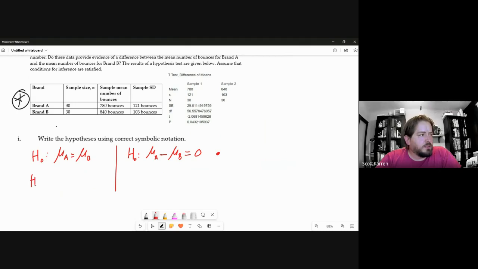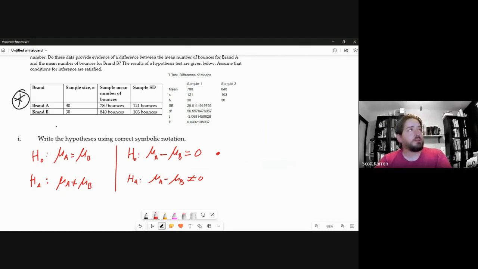And so then my alternative would be that the two are not the same. So you might say mu sub A is not equal to mu sub B. Or likewise, we could say that that alternative hypothesis is that mu sub A minus mu sub B is not equal to 0, right? So that answers that first part.